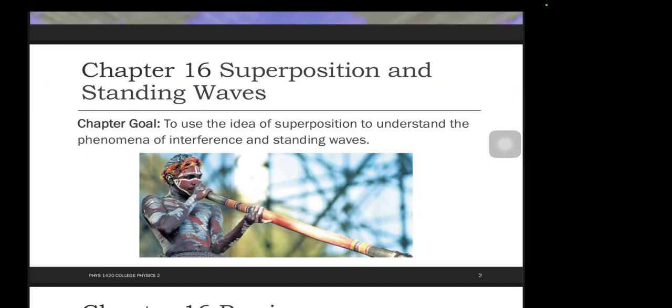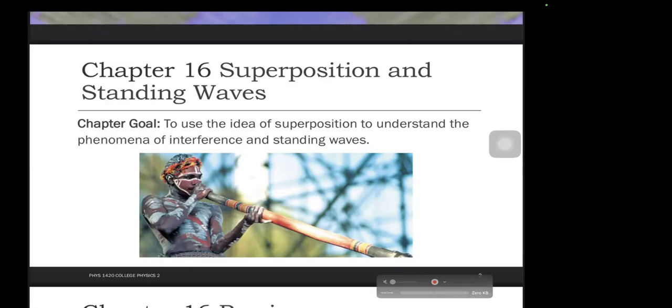This chapter's goal is to use the idea of superposition to understand the phenomena of interference and standing waves. We will try to understand what interference and standing waves are, and how they come out.